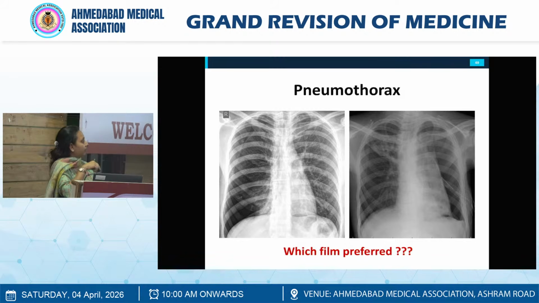Can you tell me where the pneumothorax is in the right-sided X-ray? Can you tell me the lobe that has been involved? Where is the pneumothorax? Can you see any abnormality? Both pictures have pneumothorax, but where is it? Right lower lobe.